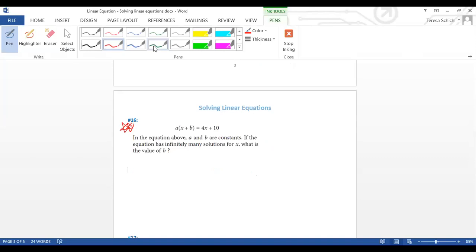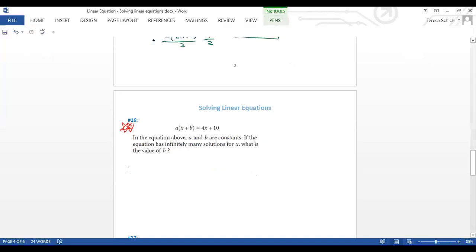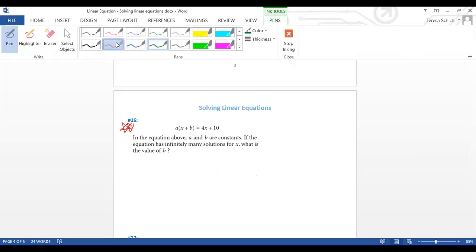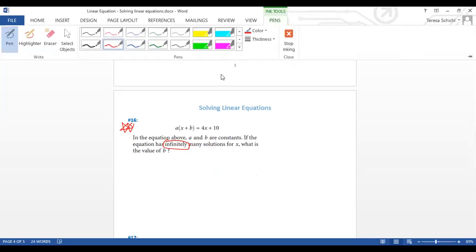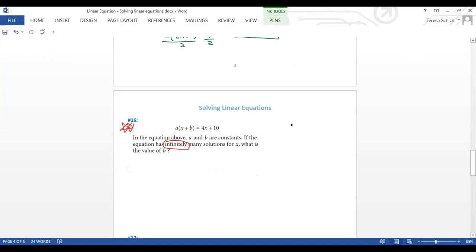We did a similar one in our video number 1, right? So in here, instead of saying find the solution, let's say you want to find the infinite many solutions. Okay, so I want to write out a simple reminder here.